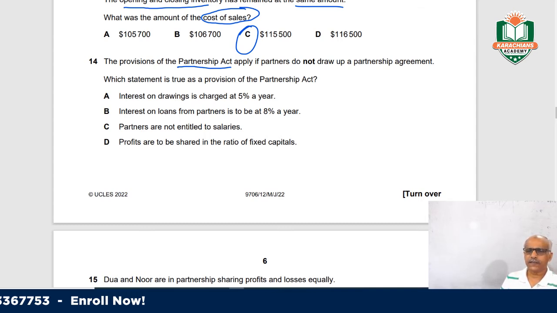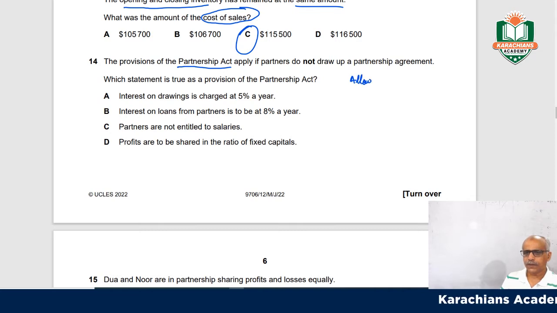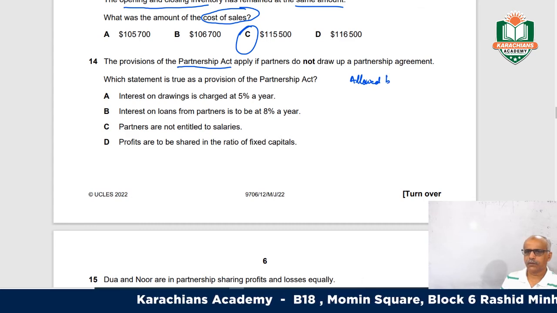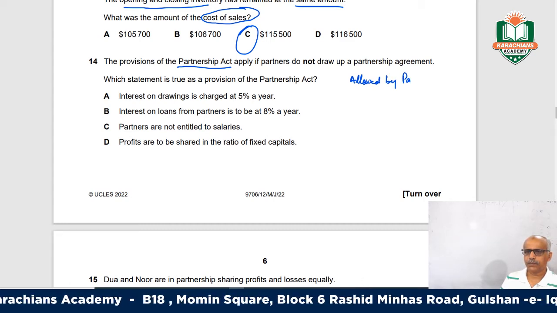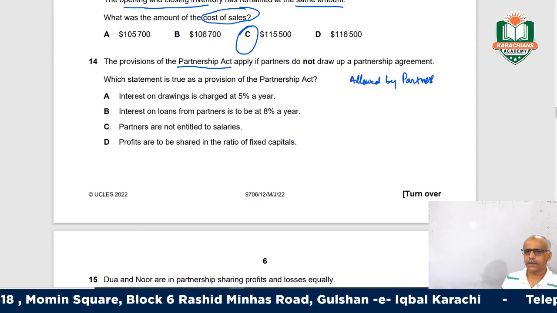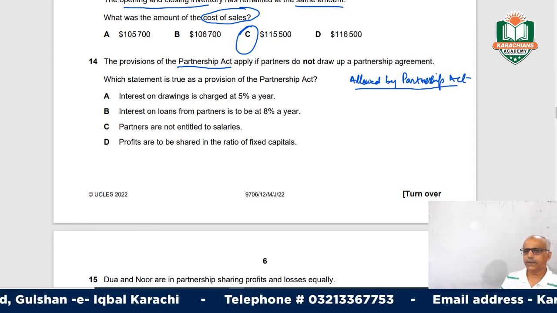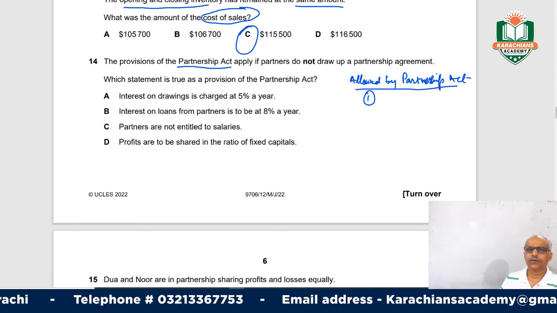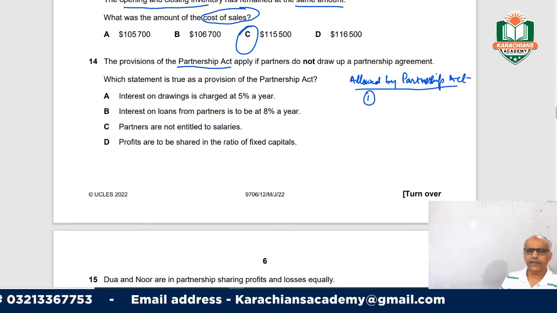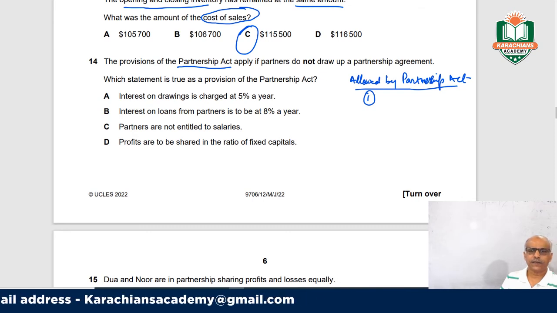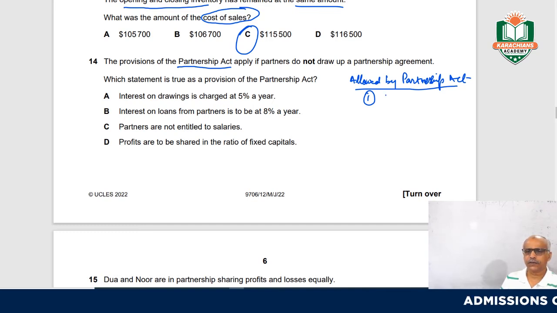But what the Partnership Act allows, in case there is no agreement, is only two things. Number one, if there is any profit and loss, then share equally.